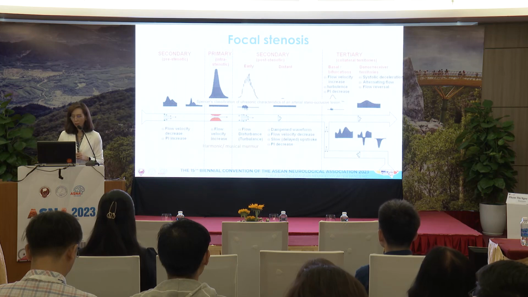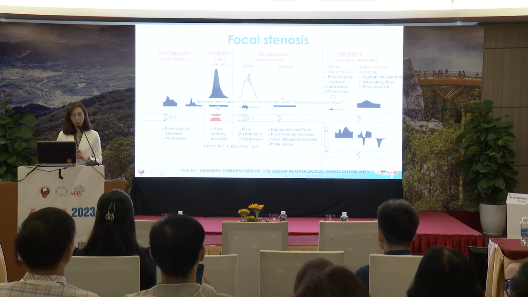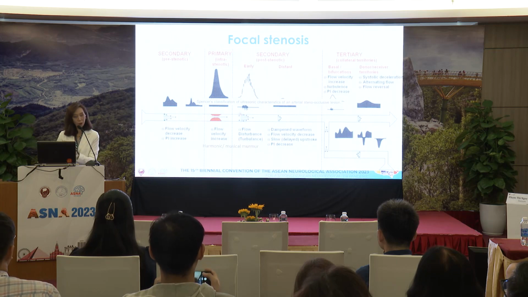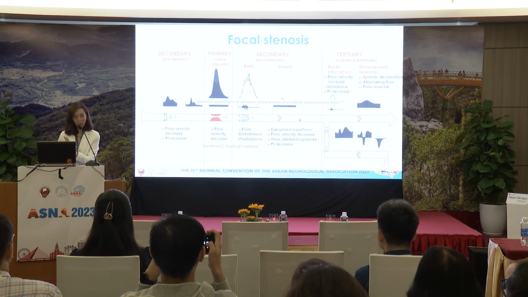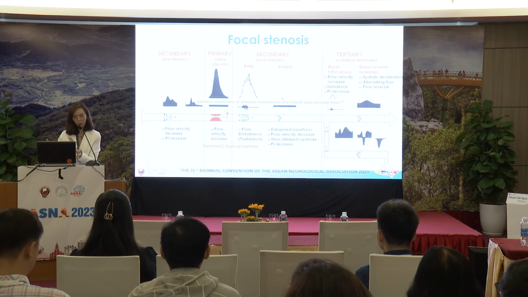When you put the probe, it's going to be on this side, on the right side. And then you insonate the MCA. So you will be going back and forth, deeper and shallower, and find out what the waveform looks like.